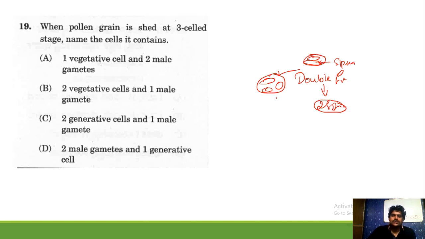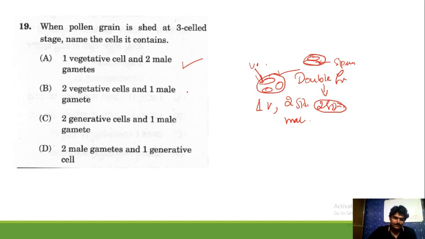And the other one is obviously the vegetative cell. So one vegetative cell and two sperms or male gametes will be there. So let's see where the answer is. Okay, the first one is the answer, one vegetative cell and two gametes.